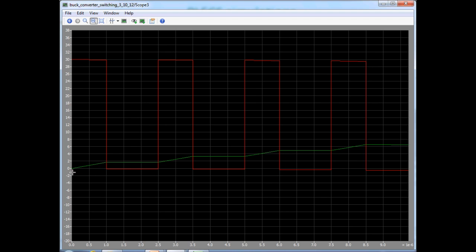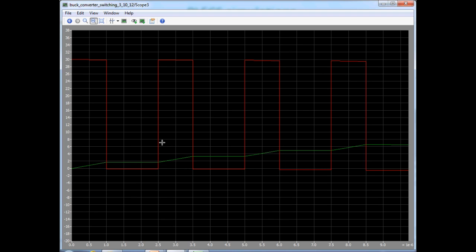In response, the inductor current rises faster than its steady state rate. During the off interval, the voltage should be minus VO, and since VO is just 0, this voltage is also 0. And in response, the inductor current does not change at all, because the voltage across the inductor is 0, therefore the change in the current is 0.